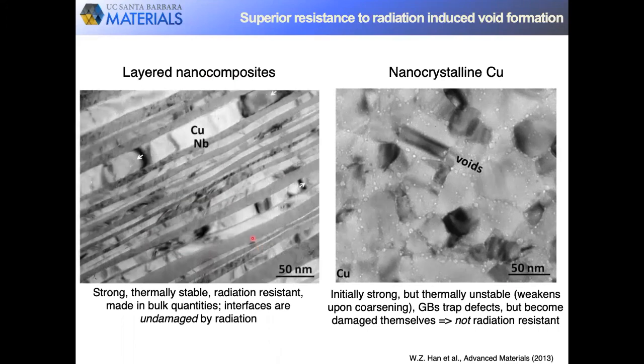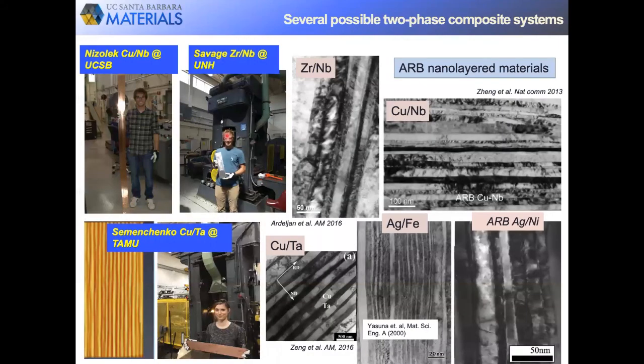So the idea was that if there's a void denuded zone of about 20 nanometers, and we made the layer thicknesses 40 nanometers or less, then under that same exposure to radiation, we would see no or very little damage. And in fact, that's what happens. If there's any damage, it's in the occasional thick copper layer.